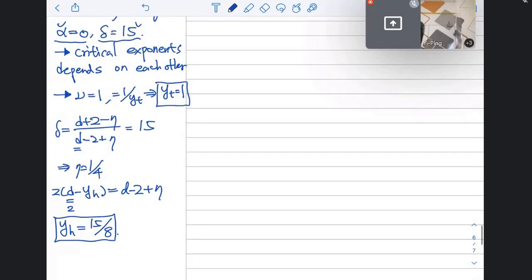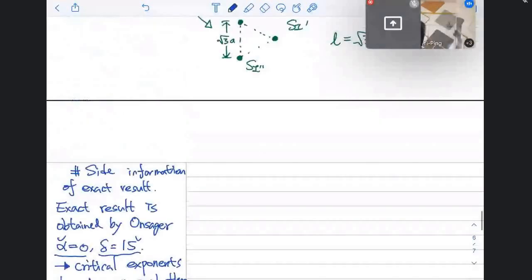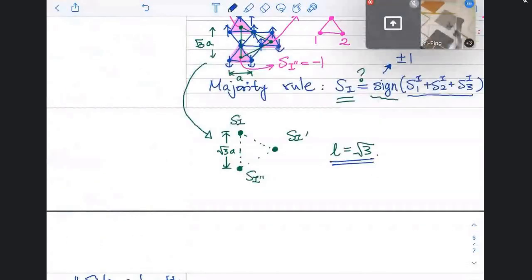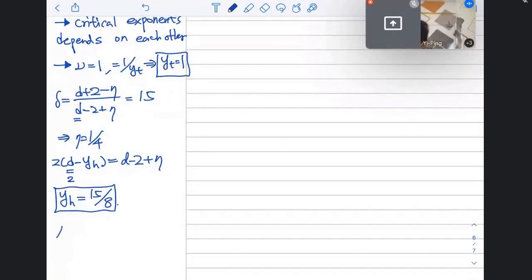Because we already know this scaling factor L is square root of 3, we immediately get the conclusion that the eigenvalue of T should be L to the power of y_t. Because y_t is 1 here and L is square root of 3, lambda_t should be square root of 3, something like 1.732.